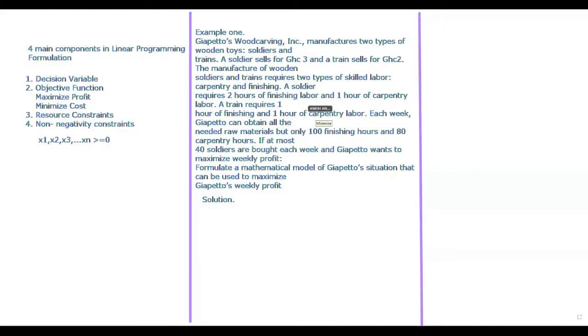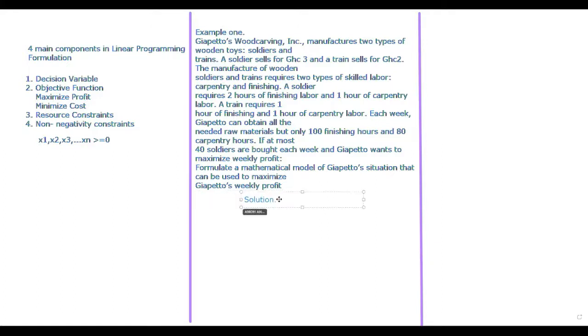Each week, Gyapeto can obtain all the needed raw materials, but only 100 finishing hours and 60 carpentry hours. If at most 40 soldiers are bought each week, and Gyapeto wants to maximize weekly profit, formulate a mathematical model of Gyapeto's situation that can be used to maximize Gyapeto's weekly profit.